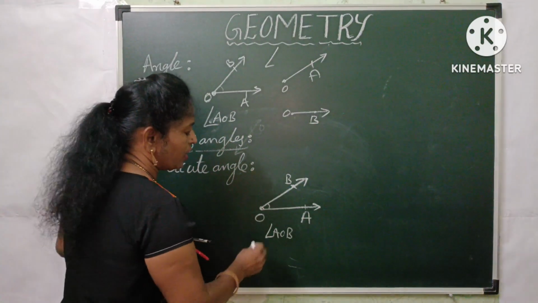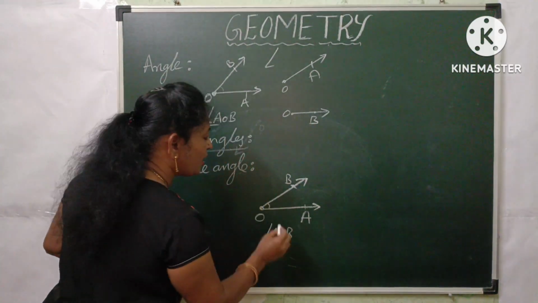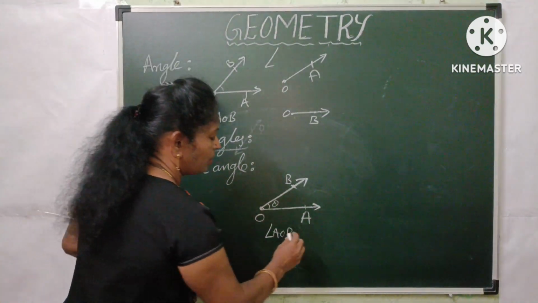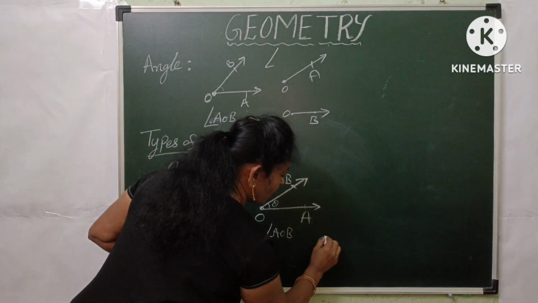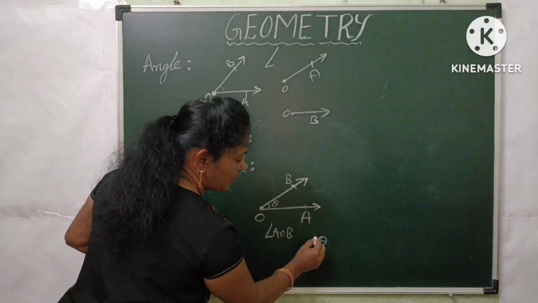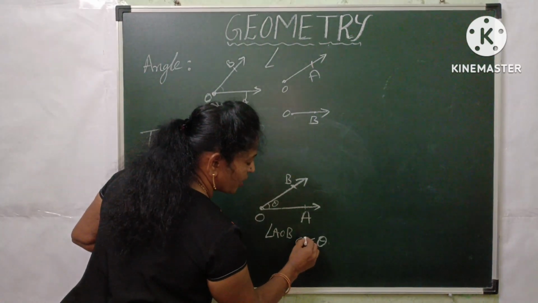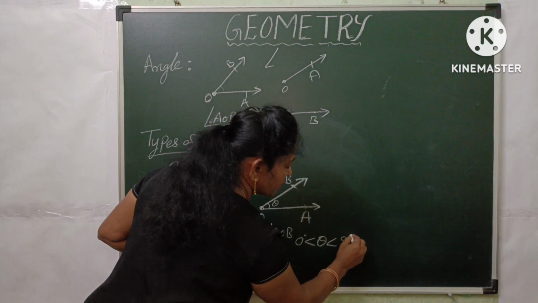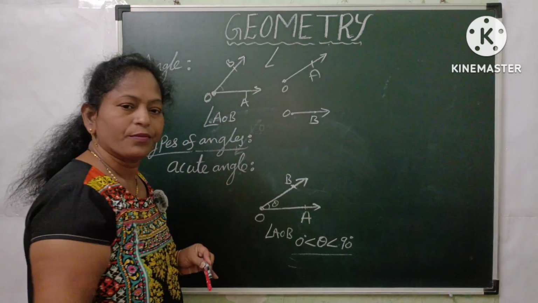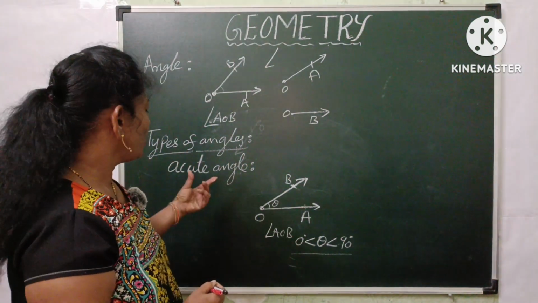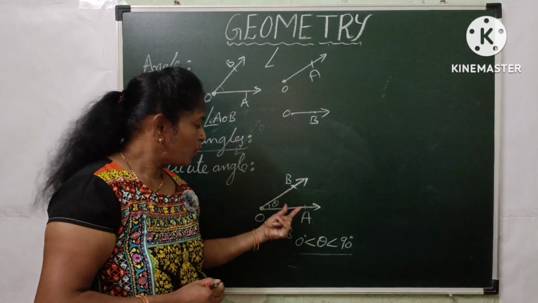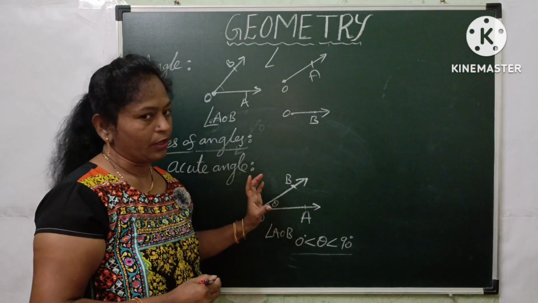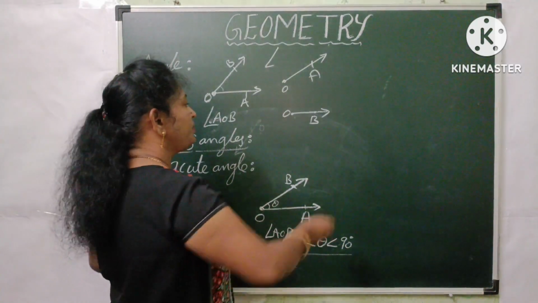If theta is an angle, it is greater than 0 degrees and less than 90 degrees. You can write it in symbolic form. So an acute angle is an angle more than 0 degrees and less than 90 degrees.